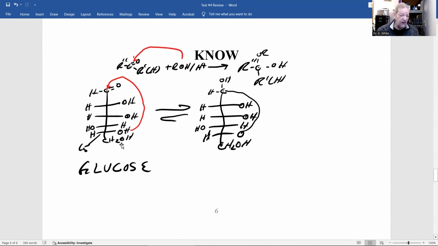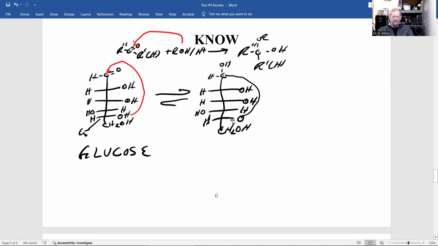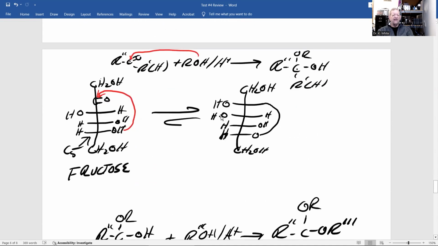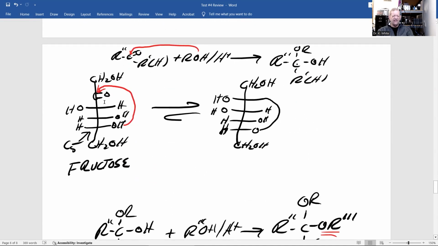If I give you, and this one is for glucose, I will never ask you what's the structure of glucose, but it helps to be familiar with it. This is the cyclic form of glucose, called a glucoside, I think. I won't ask that. You start with fructose, which has a ketone, same hydroxy group on carbon 5, same reaction, form a hemiacetal, the carbonyl, which is this carbon right here.